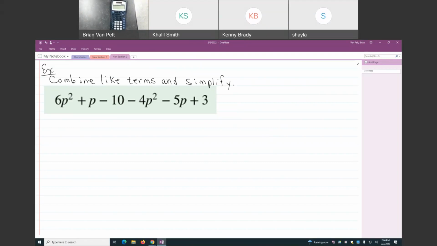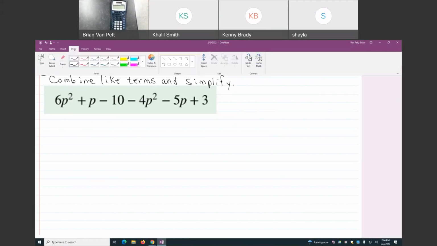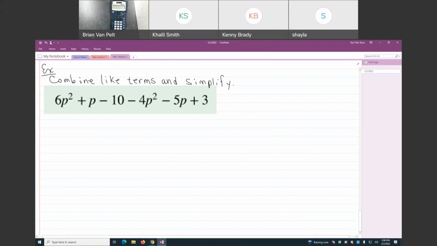So the way I personally do it is I look at this and I see the like terms. You don't have to do this part, but I generally do. I'll move them around and slice them off as I do, so you don't miss stuff. That's all the p squareds. Now I'll move on to the p's.